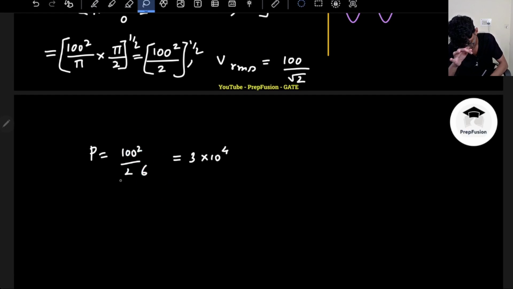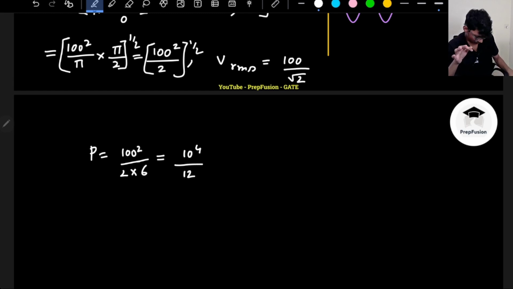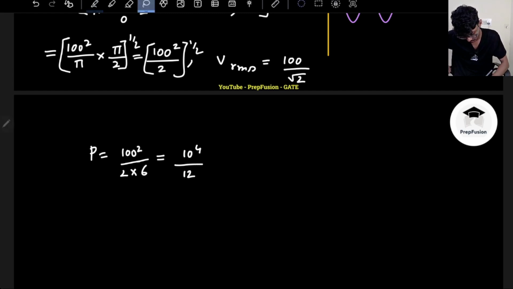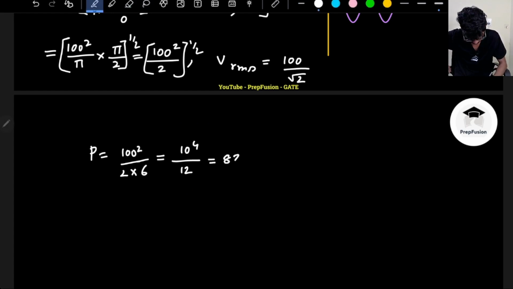It will be VRMS whole square by R. So it is basically 10 raised to power 4 divided by 12, which is 833, about 0.33 watts. Okay, so this will be the answer of this question.